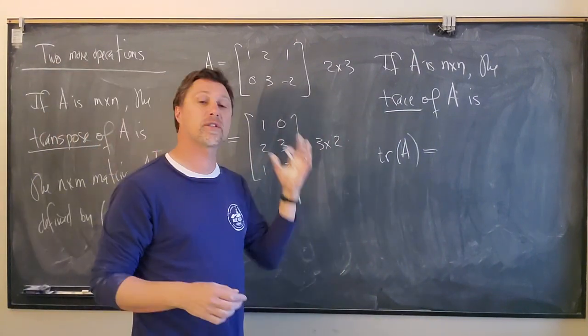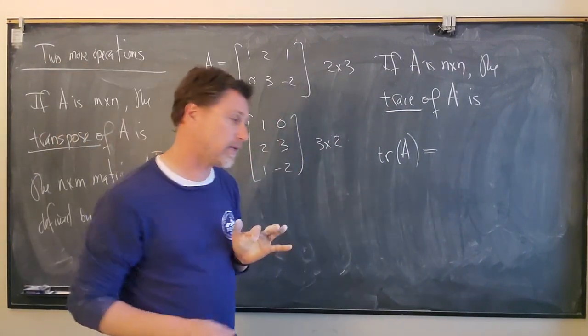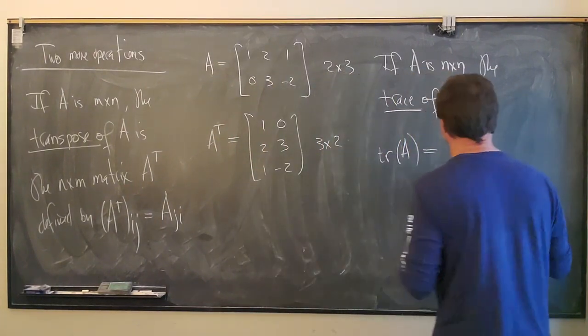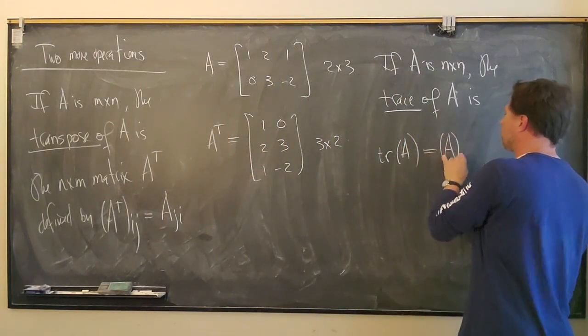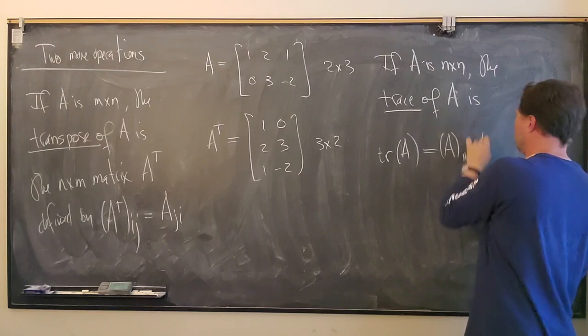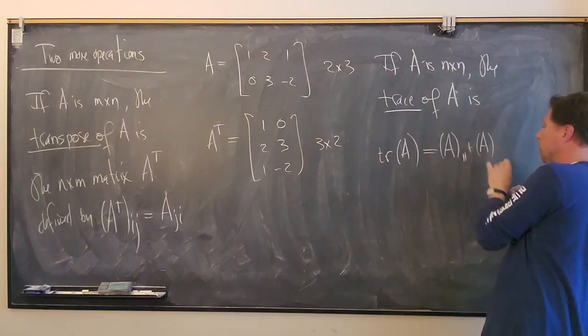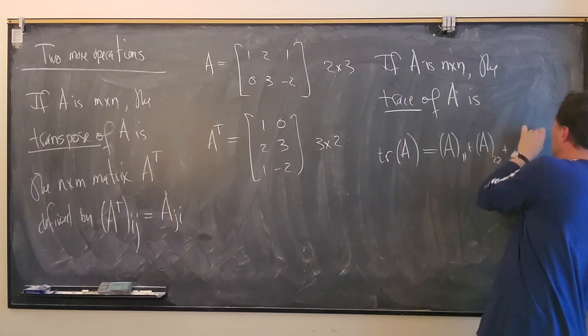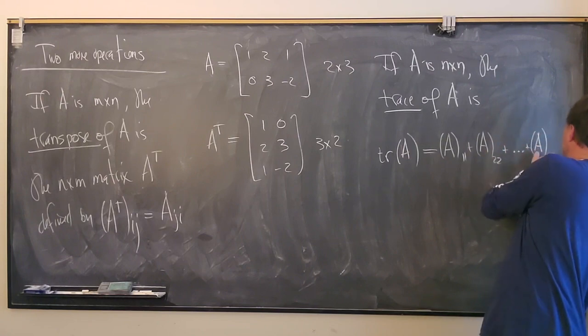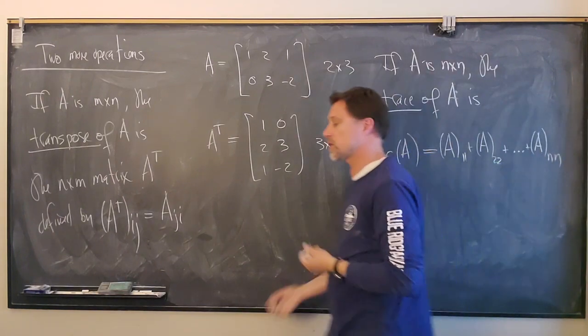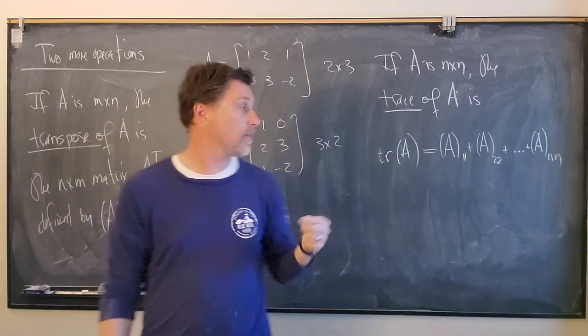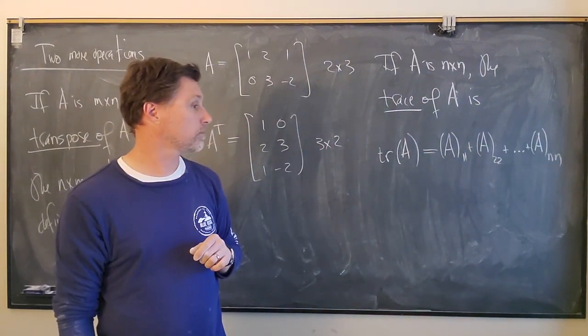To get the trace, you add the entries from the main diagonal. So that will be A(1,1) plus A(2,2) plus dot dot dot plus A(n,n). So if you've got a square matrix, to find the trace, add the entries along the main diagonal.